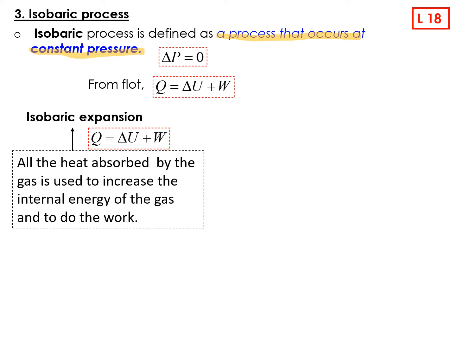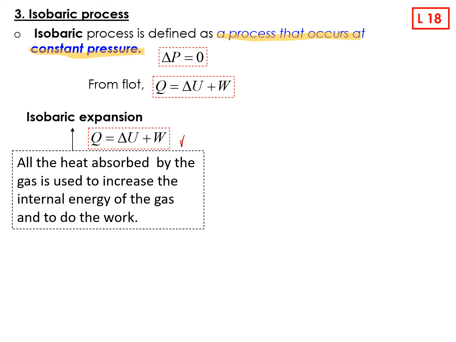There are two types of isobaric process. The first one is isobaric expansion, and the equation related to it is Q = ΔU + W. What is meant by isobaric expansion?